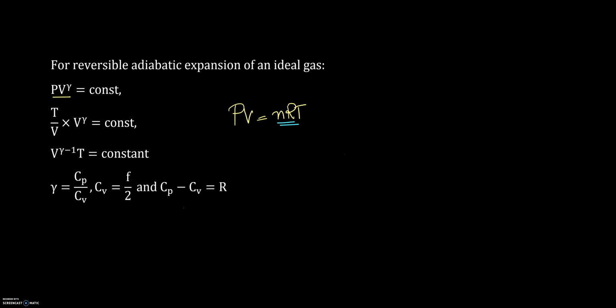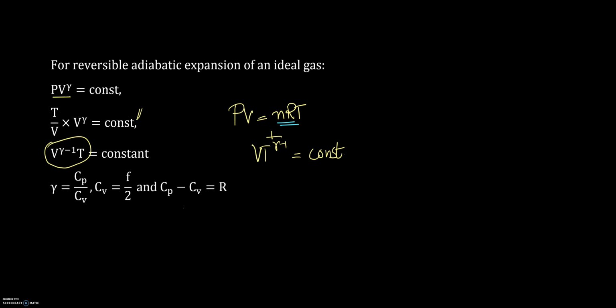So I can write P as nRT by V. Now, this is maybe another constant, not necessarily the same constant, maybe constant dash or double dash. So here I can write this as V^(γ-1) T equals constant. I can also take that γ-1 to the other side and say that V T^(1/(γ-1)) equals some other constant. Although I've written constant everywhere, they could be different constants. The main thing is that they are constants.